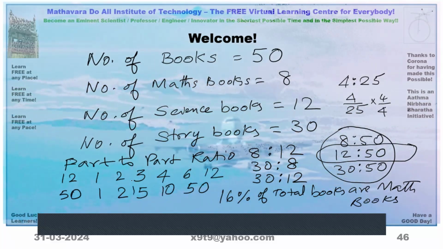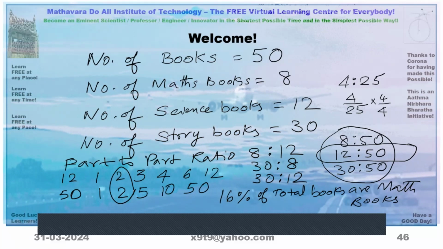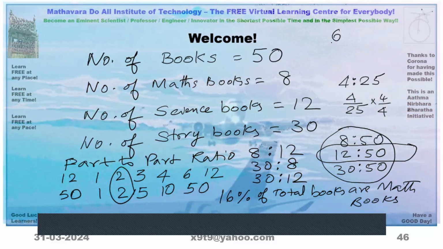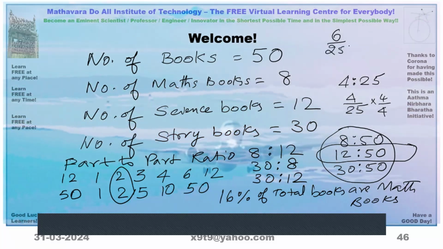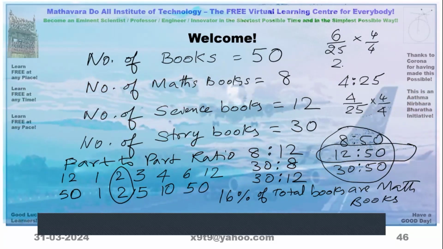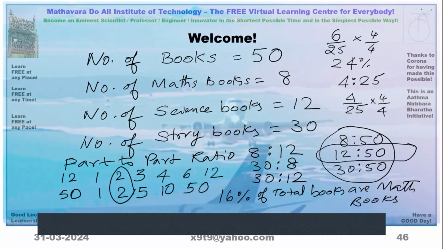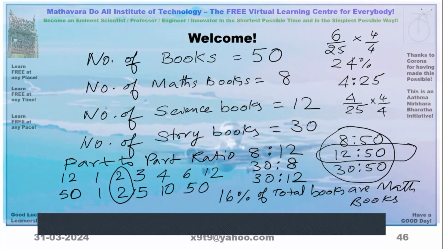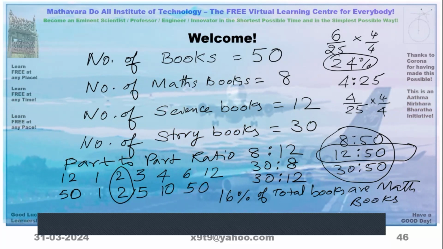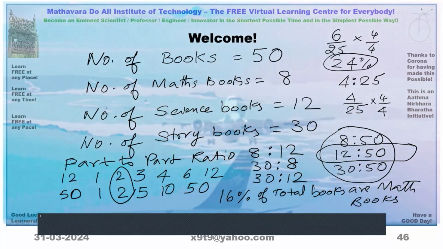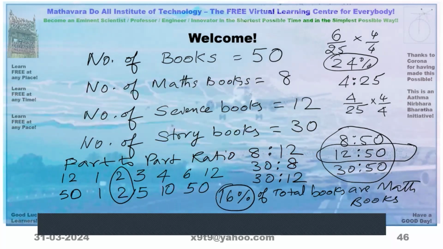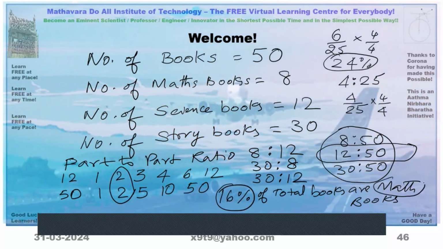So 50 remains the same. So this remains only 2. So it will become 6 by 25. So in case you multiply by 4 here, it will become 24% because 24 by 100. So we can say 24% of books belong to science category.